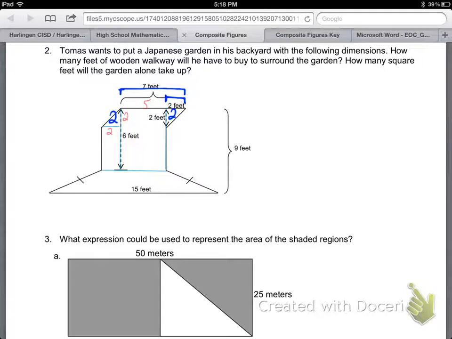So the area here is 30. Now, from the top to the bottom it is 6. But I already have 2 right here, which means that all that's left over is 4. And I'm now going to go after this little rectangle. Length times width would make it 4 times 2, which would give me 8. So this is 8.